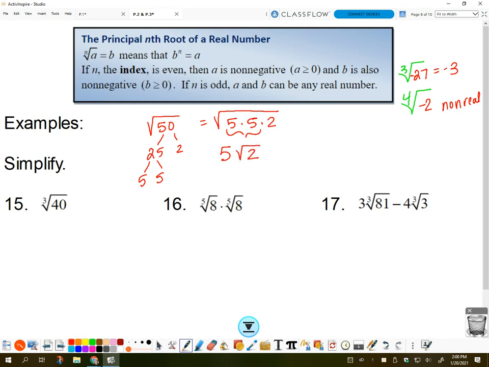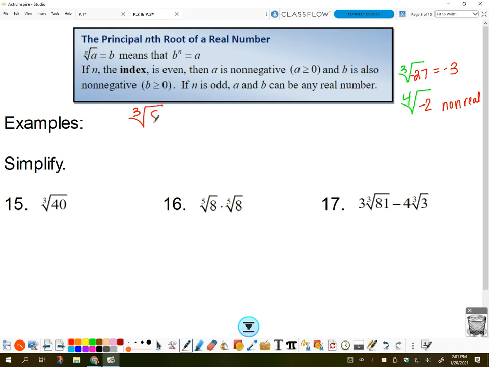Okay, that's another way to think about the square roots, and that may be easier for you when you're dealing with the cube roots and fourth roots, because those aren't ones you're going to have memorized off the top of your head usually. It's a good idea to have some of them memorized, and we're going to work with a lot of them over and over and over again, so you'll pick up on them. So some that you should probably know.